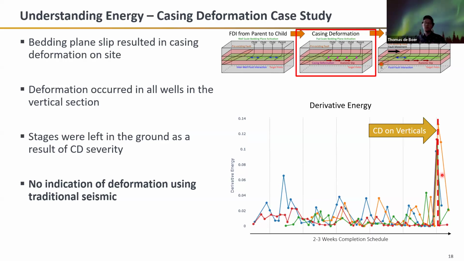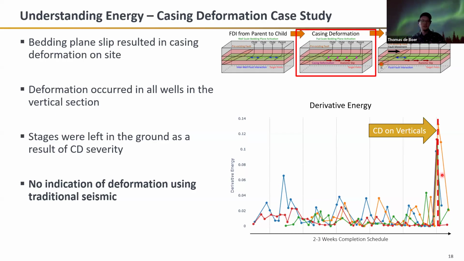The severity of casing deformation on this particular pad was severe enough that they had to leave a considerable amount of stages in the ground. And critically, there was no indication of deformation using their traditional seismic techniques. So they had a surface array that was being monitored during completions, and there was no large-scale deformation detected or no large events detected during this completions behavior.